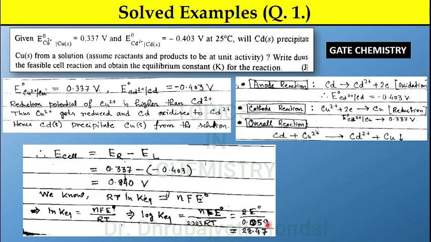So put the value here, you will get log K equilibrium is equal to 28.47. So what is the K equilibrium? K is anti-log of that value, that is equal to 2.95 into 10 to the power 28. Okay, so that is the answer. That is the equilibrium constant for that reaction. Okay, and this is the cell reaction. And finally, you can say that cadmium precipitate copper from the solution. Okay, so this is question number 1.